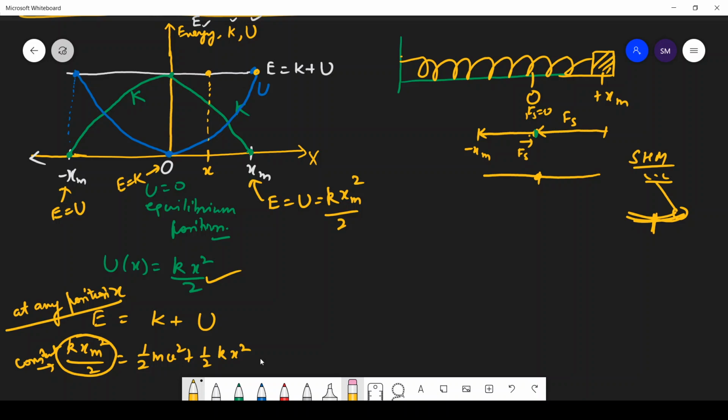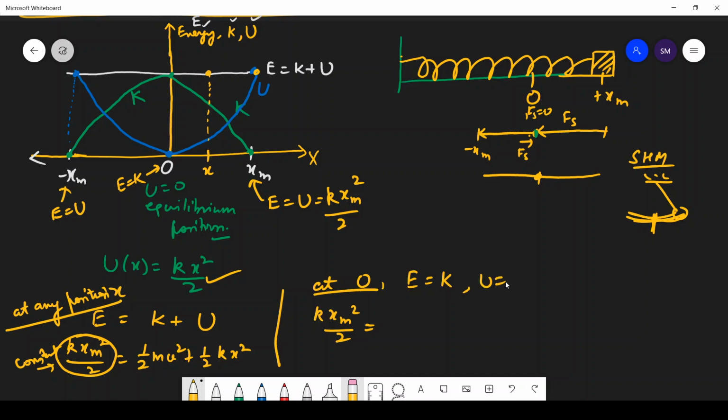Now the speed and kinetic energy will be maximum here, yes. So at O I have k xm square by 2, and at O E is equal to your kinetic energy, right?